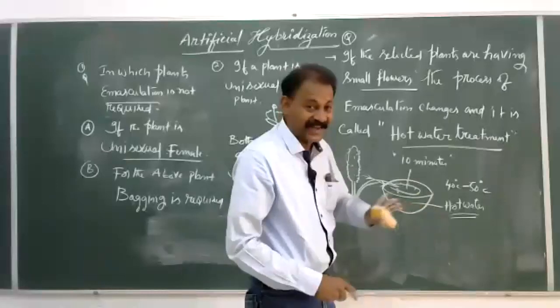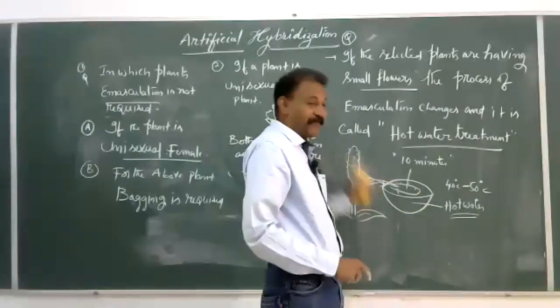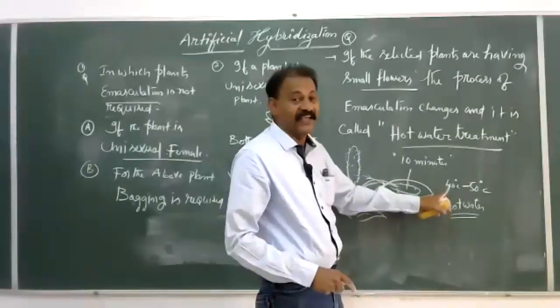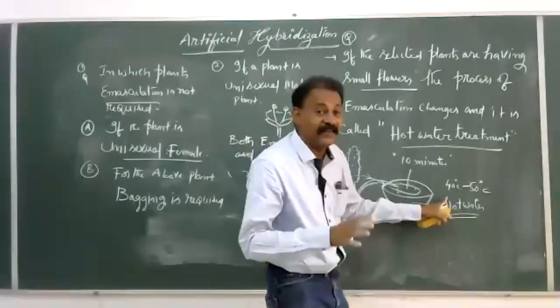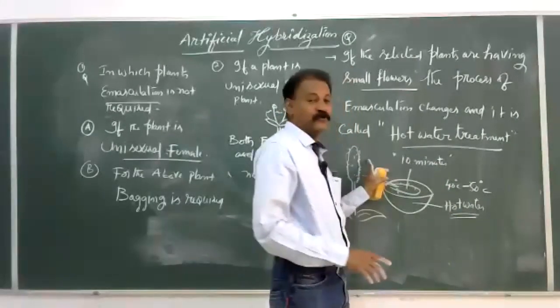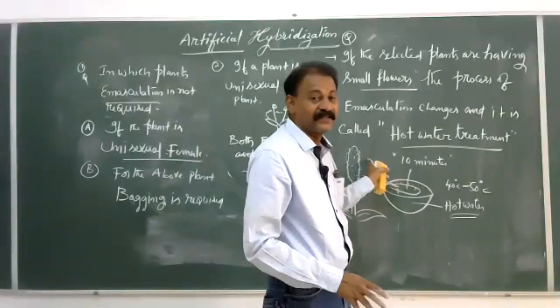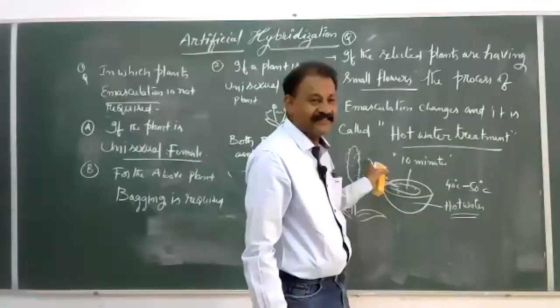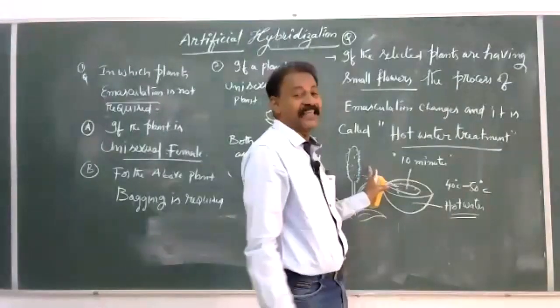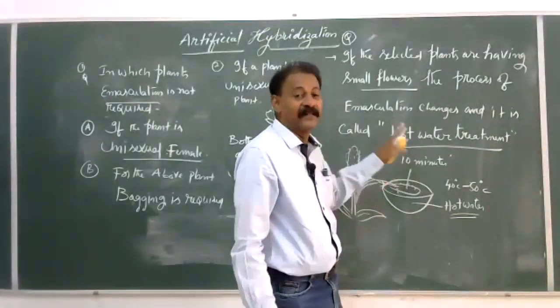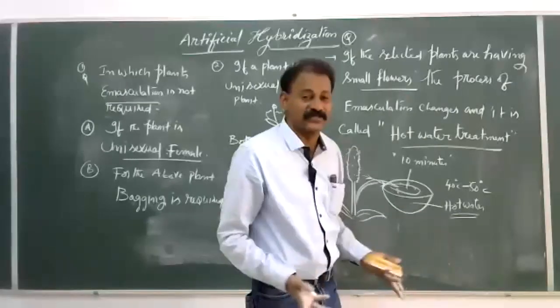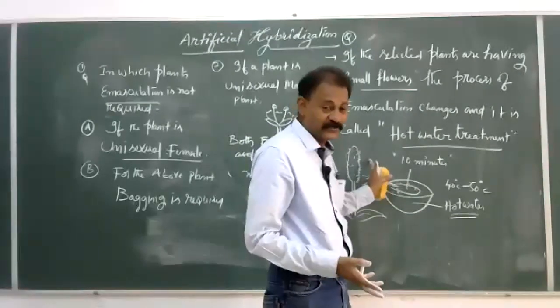It affects the androecium but not the gynoecium, because hot water has an inhibiting effect on the androecium, that is on the pollen grains. Pollen grains become sterile. Even if they are present, they are of no use. They are not able to germinate or produce any pollen tube.